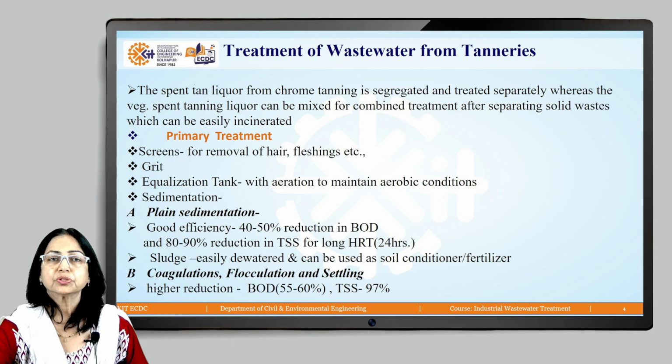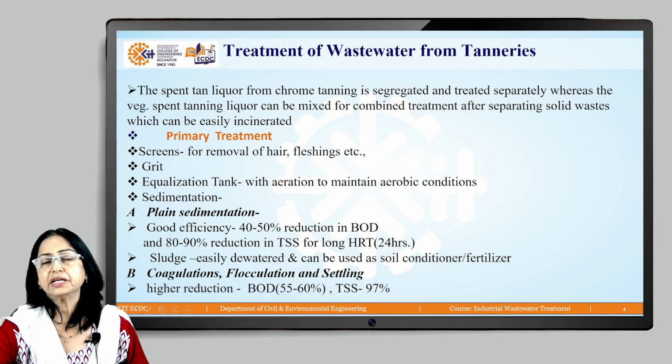Okay. So already we have discussed the characteristics of wastewater from tannery, where we segregate spent tan liquor, whether it is vegetable tanning or chrome tanning, and the remaining wastewater is then subjected to treatment in ETP.